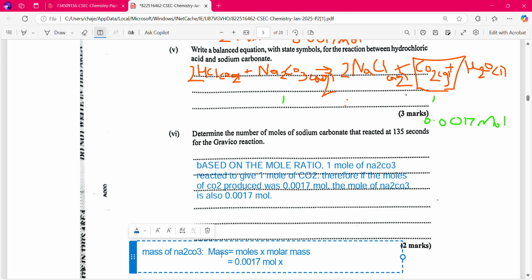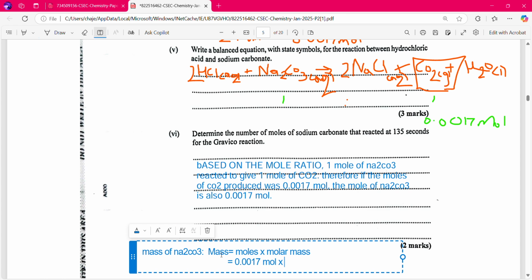So what's the molar mass of sodium carbonate? So sodium is, I believe, 23, somewhere thereabout.